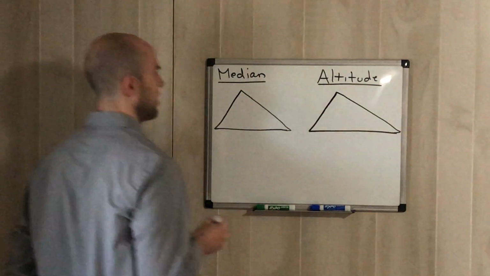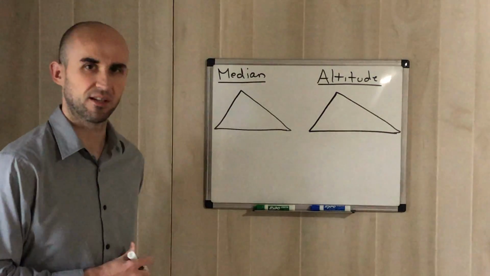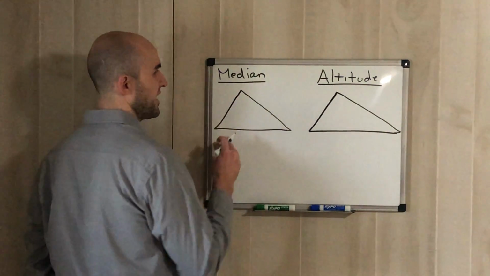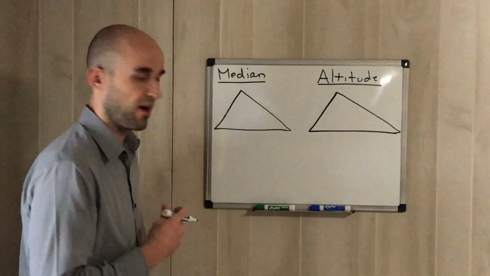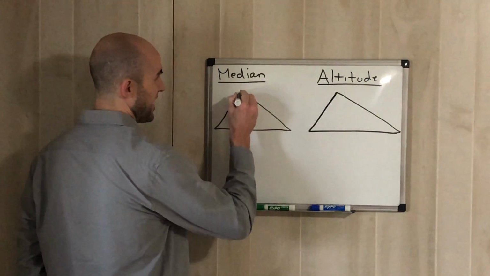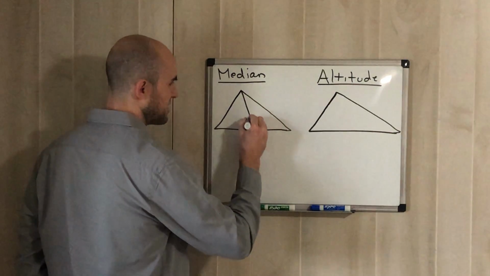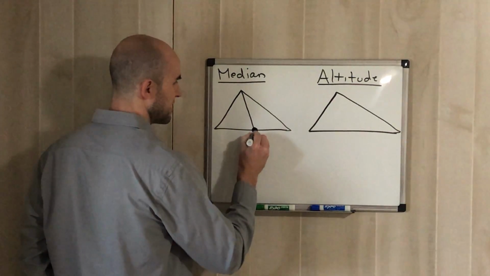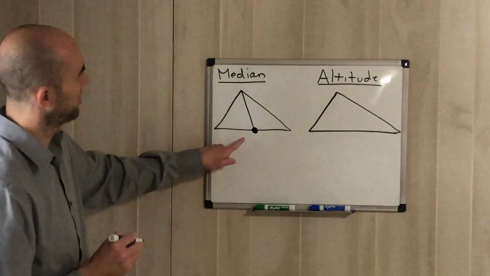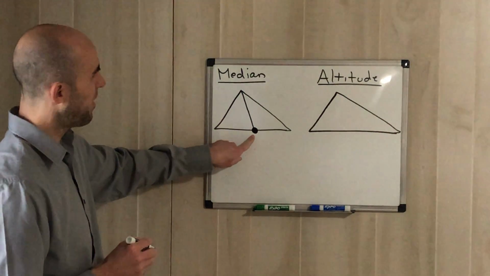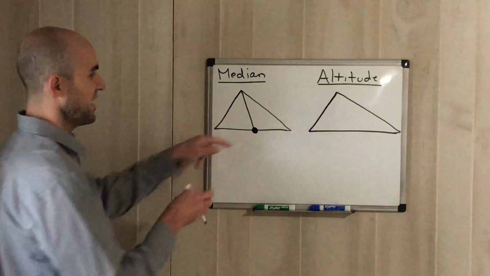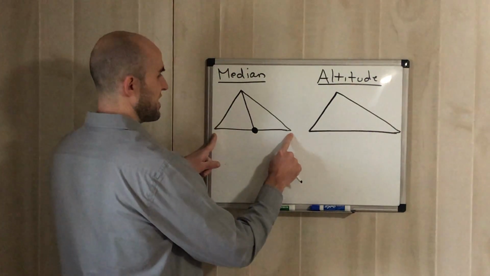So if we look at this, we have 2 triangles that look basically the same. A median is a line inside of the triangle that connects to the opposite midpoint. For this to be a midpoint, it means it's in the middle of this side, right?